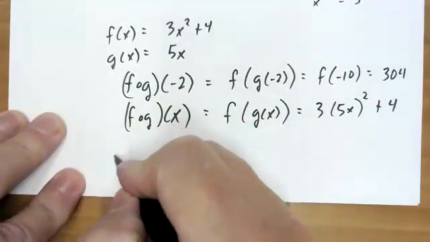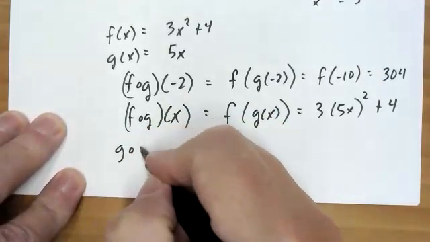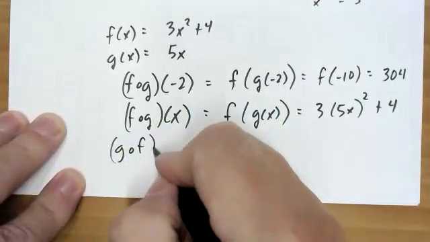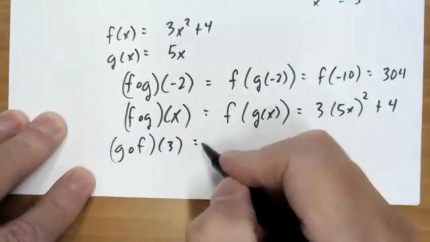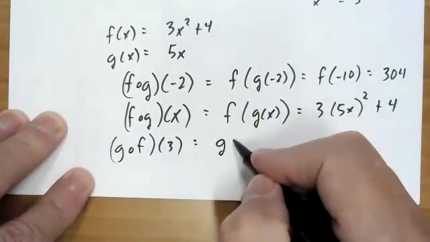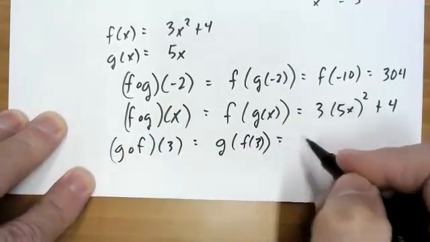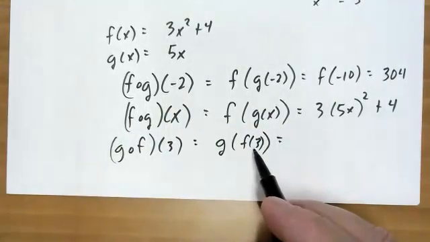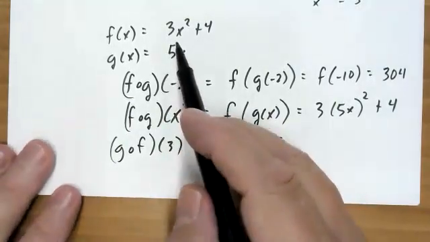Let's do one more. How about G composite F of 3? So once again, I'm going to rewrite this composite function as G of F of 3. So what I'll do, let's go figure out what F of 3 is.